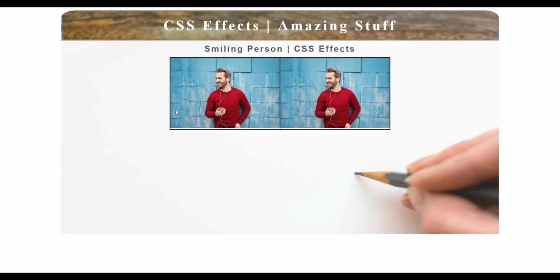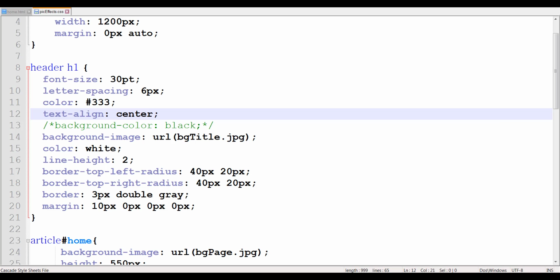So first of all, let's go back to our document here. So this is our CSS document. In this document, we have the background image right here, which is the background bgtitle.jpg. Now that image is much larger than what it appears right now. So what I want through CSS is for this image to appear and cover the entire background area.